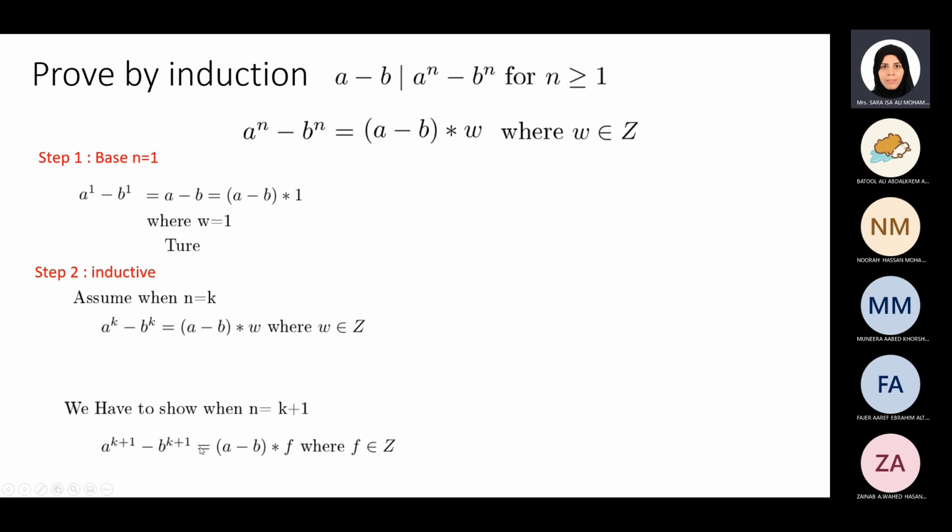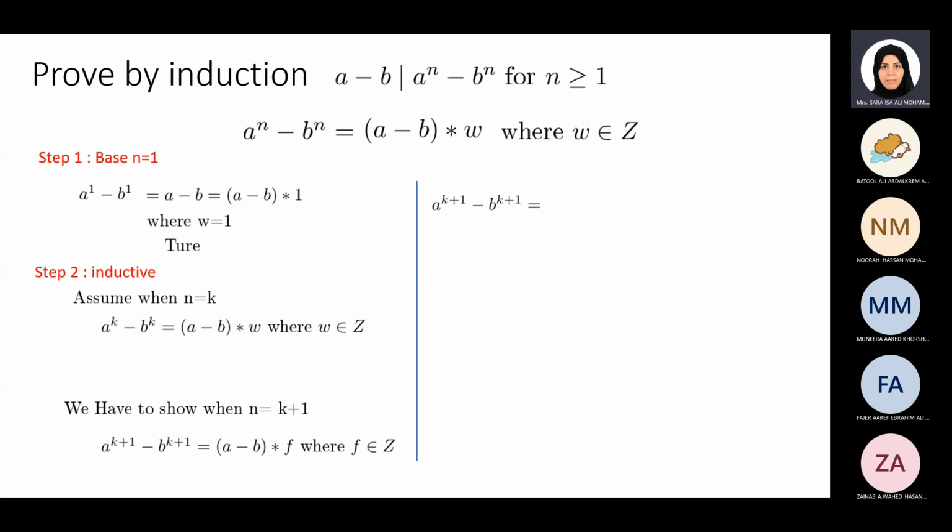Directly, with an equal sign, means from the left I try to simplify it to reach the right. So I will start from the left hand side. What is a to the power k plus 1 minus b to the power k plus 1? How can I simplify it in such a way that I can reach my goal? Something multiple of a minus b.